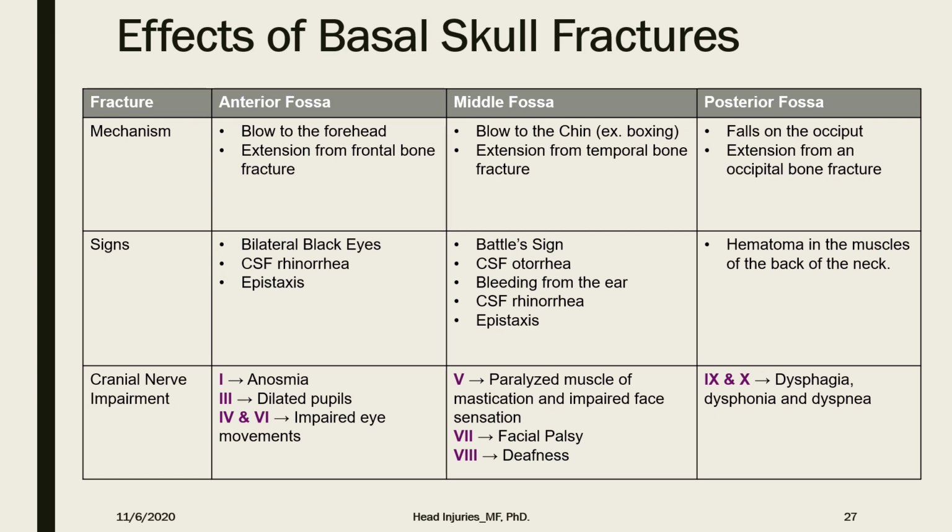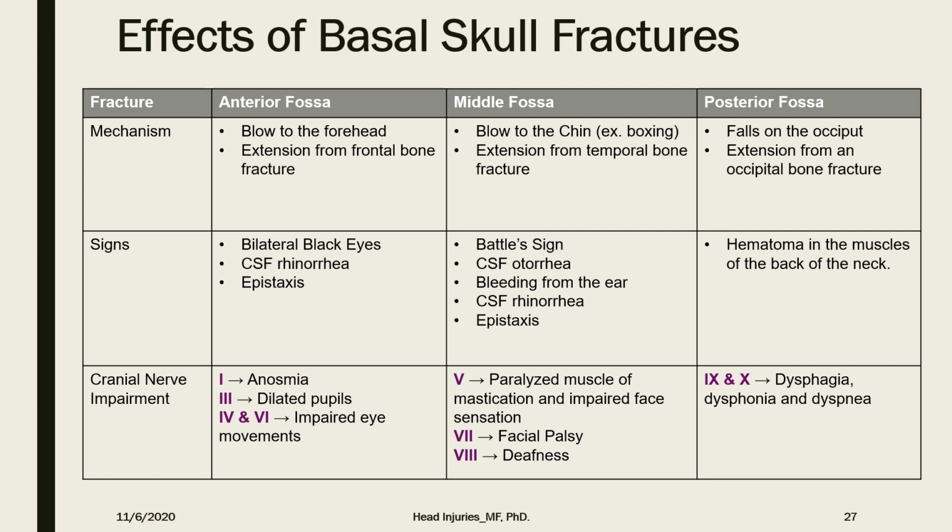Battle sign is a hematoma over the mastoid bone on the side of the trauma. Also, cerebrospinal fluid otorrhea, CSF otorrhea, where the cerebrospinal fluid will be leaking from the ear. Also, bleeding from the ear, or it may be accompanied with cerebrospinal fluid rhinorrhea or epistaxis.